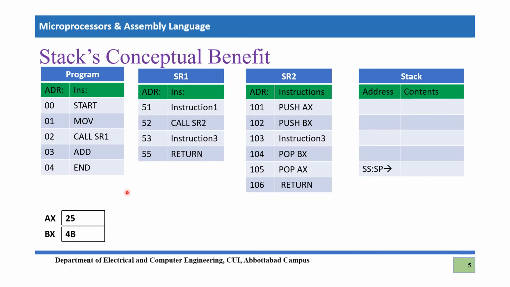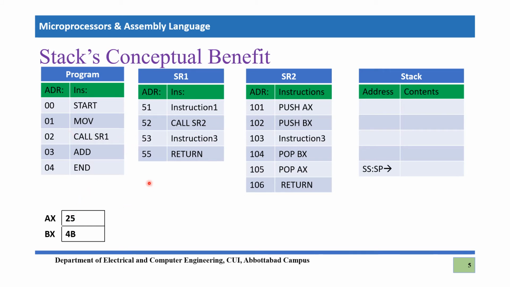It is still a dummy example. We are not dealing with the actual number system involved in 8086. We are just trying to understand the concept of how various register values are going to fill the stack, or how various numbers of subroutines are going to be dealt with within the same program.